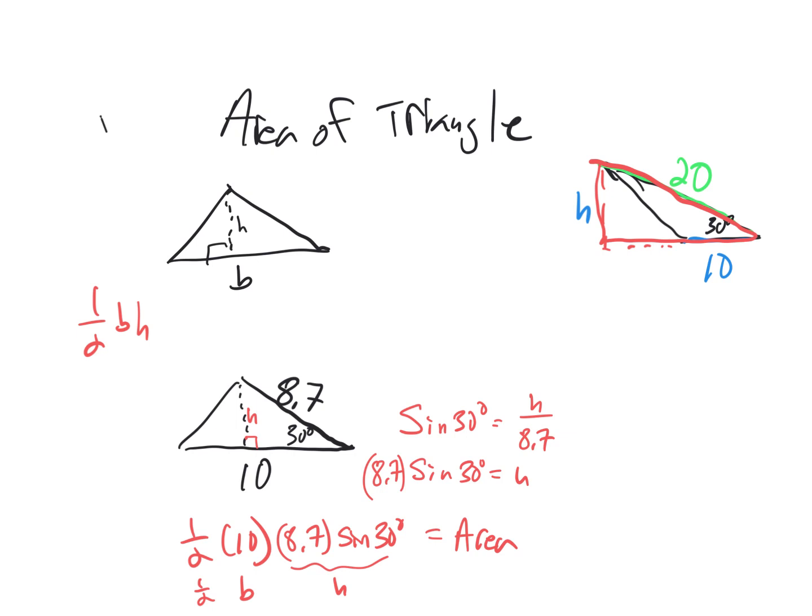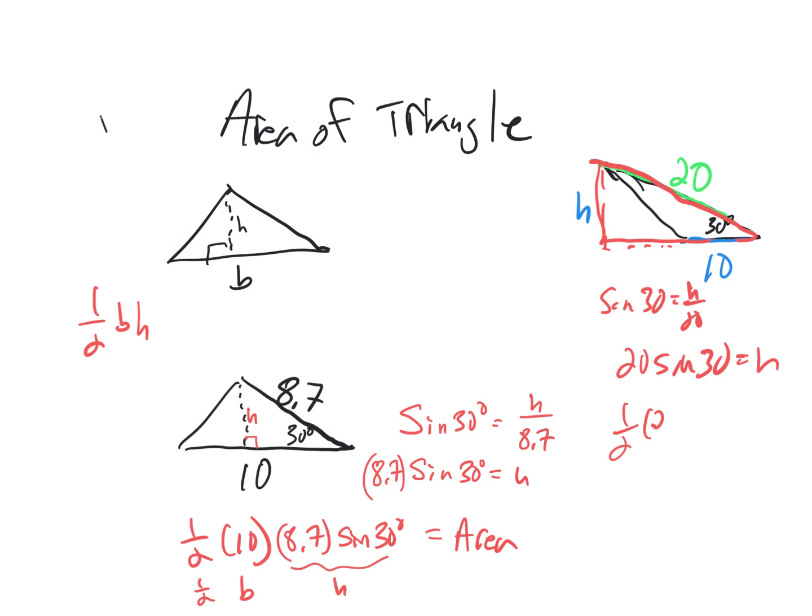So if I'm looking to find the height for this triangle, I'm going to write sine 30 degrees again equals the height over 20. So the height will be 20 times the sine of 30, which happens to be 10. And then we'll do 1/2 times 10, which is the base, right? This is the base for that triangle.